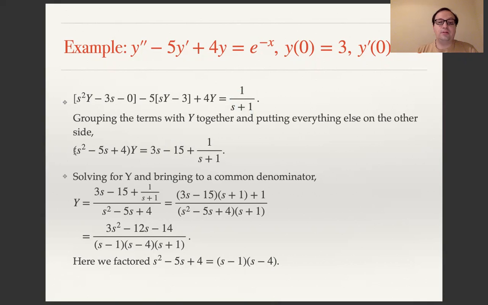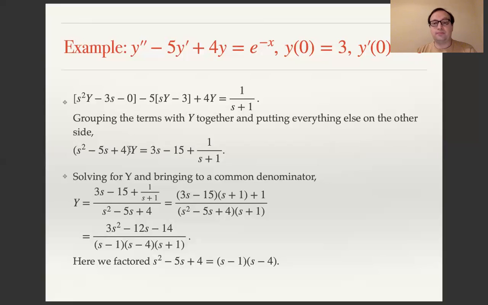Notice, and we'll talk more about this probably in the next course, that this polynomial, which is times Y, so s squared minus 5s plus 4, is actually the auxiliary polynomial of the equation.